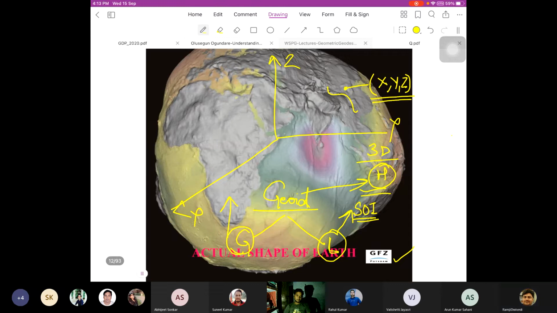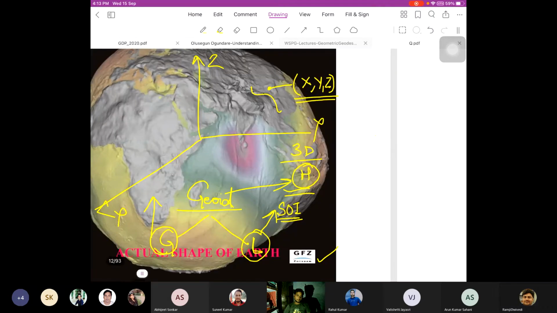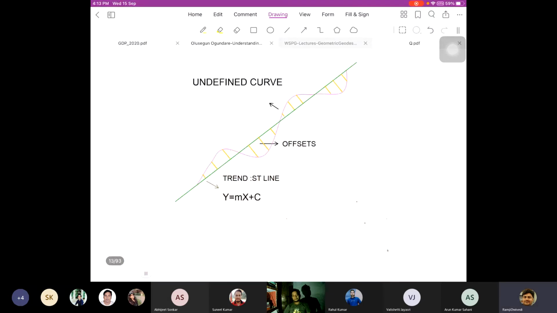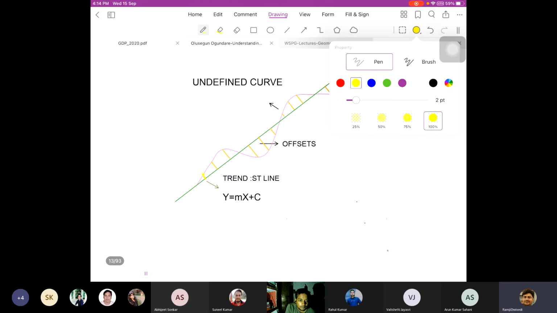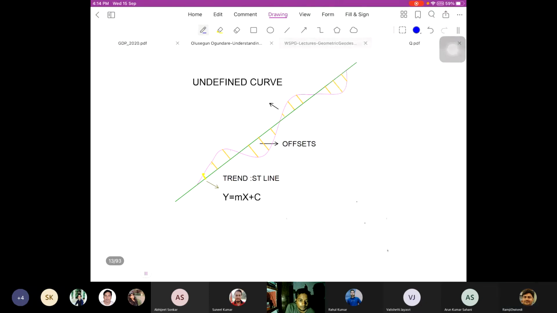Okay, suppose this is the curve which we are interested in, and we do not have any way to represent this curve. Generally, how do we do it? We best fit a line from this irregular shape, and we try to get the normals, the deviation from this best fit line.